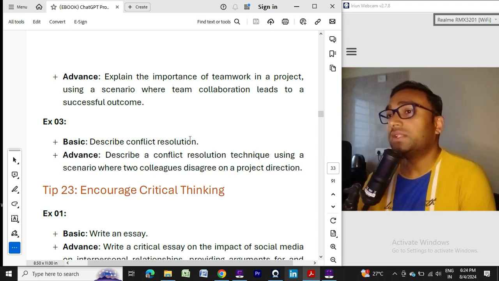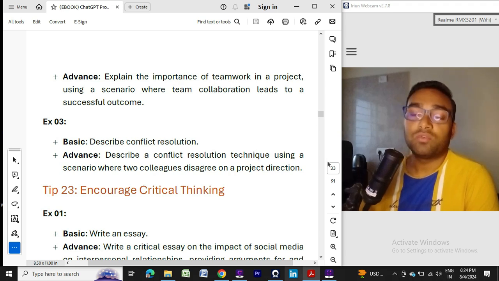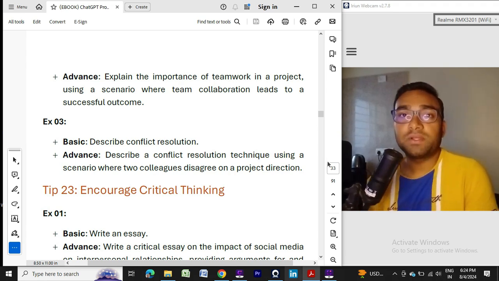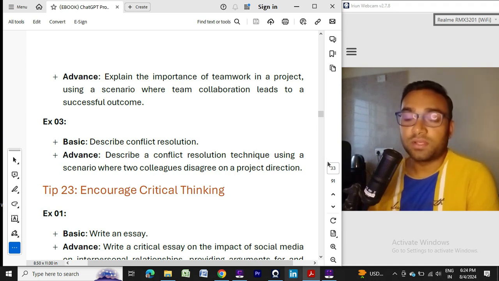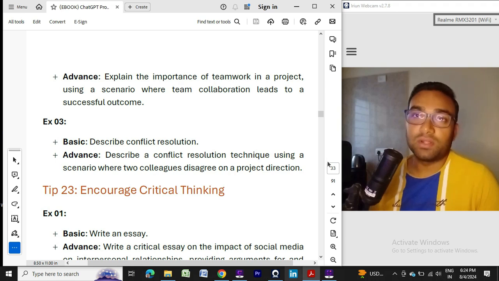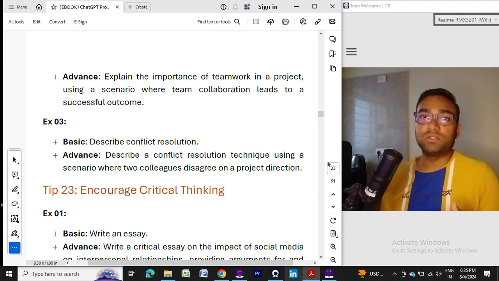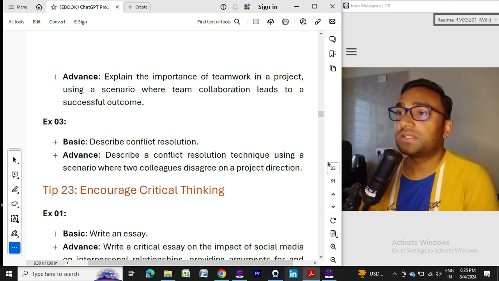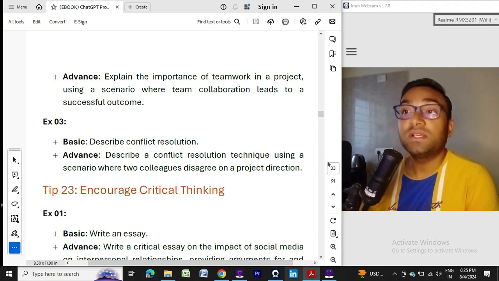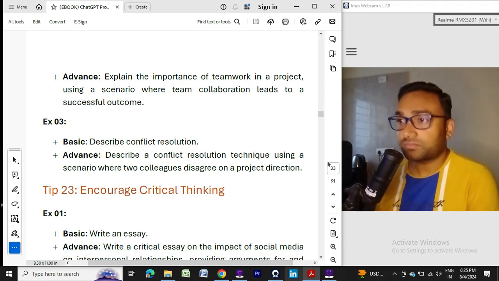Instead, we can say: describe a conflict resolution technique using a scenario where two colleagues disagree on a project direction. A scenario helps us understand any topic very clearly. Suppose some complicated task is there; if we provide a scenario, it will break down all the complexity and be simpler and easier to understand.